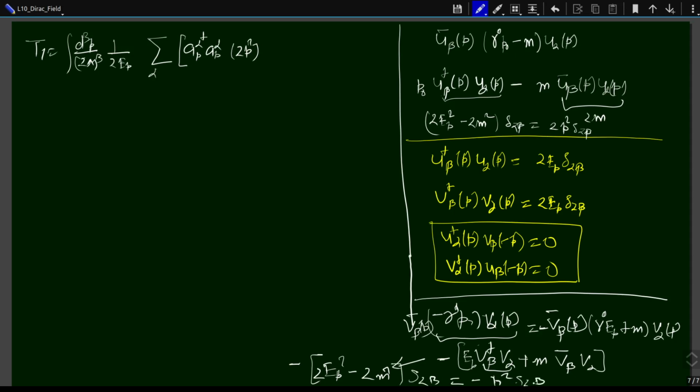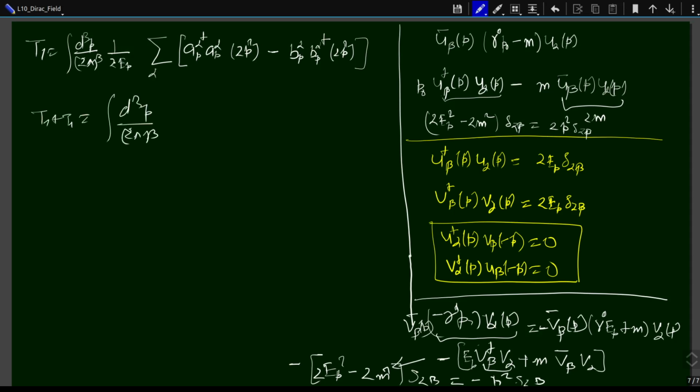When I put this over here, it becomes minus bp alpha bp alpha dagger twice p square. This is my term 2. If I combine term 1 and term 2, what we are getting is that t1 plus t2 is nothing but d3p by 2 pi cube.